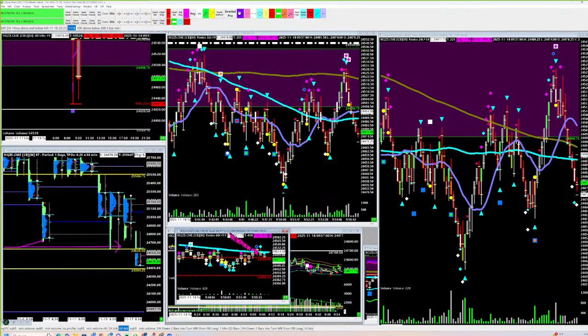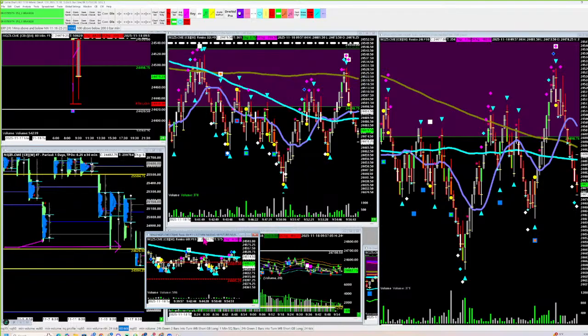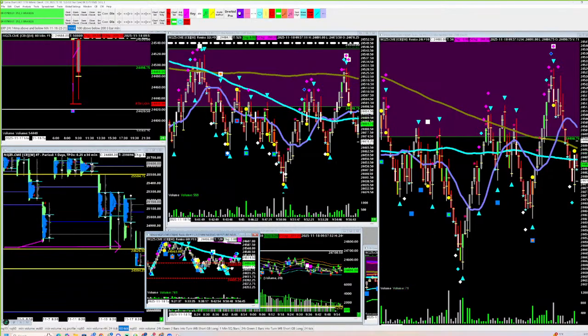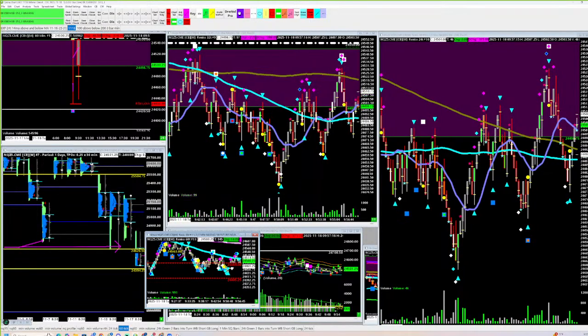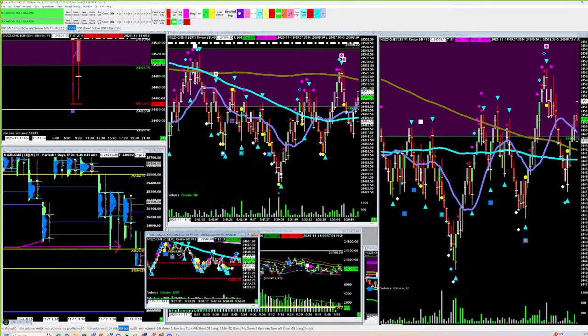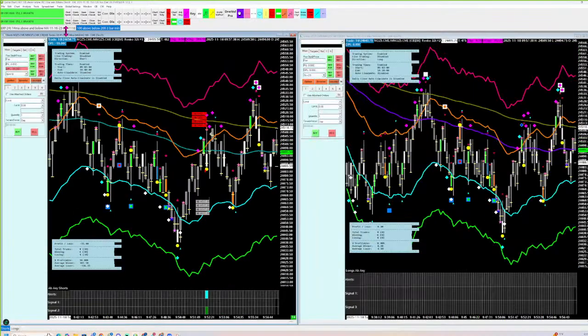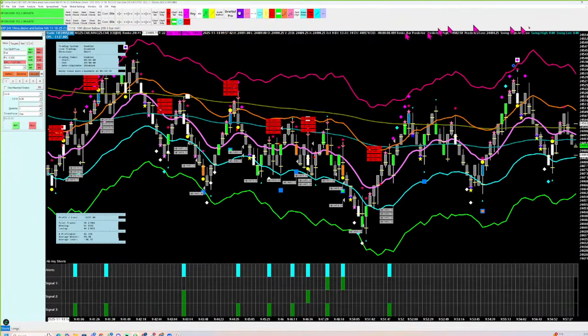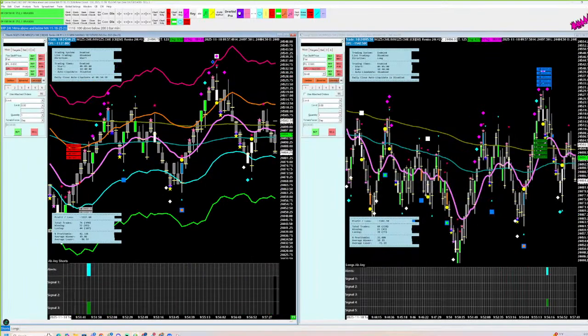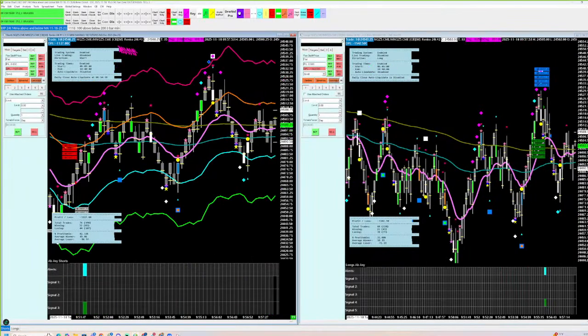Where did that 60 tick go? The 24 tick just gets ravaged in this, doesn't it?